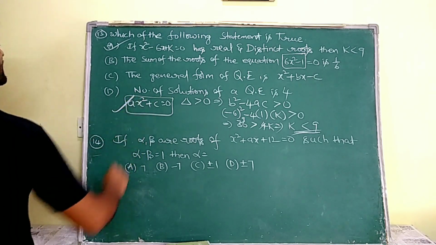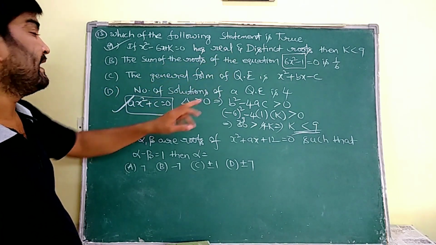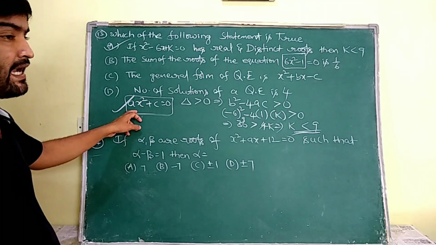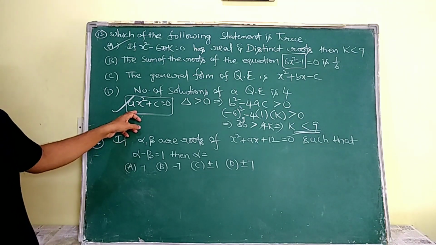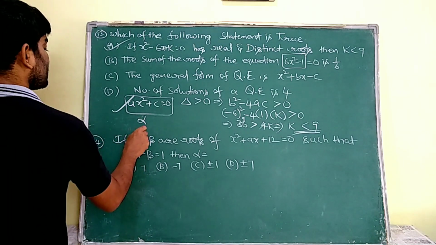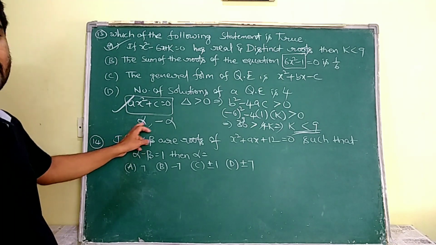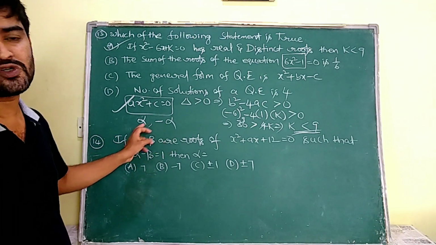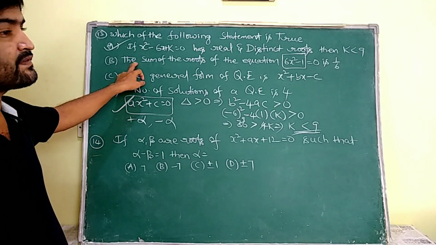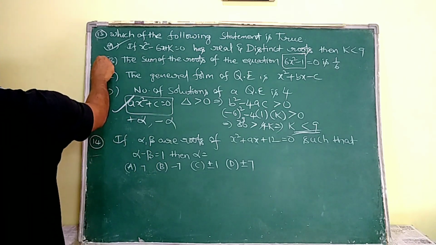Its roots are equal in number and differ by sign. Let us suppose one of the roots is alpha, then definitely the other root is going to be minus alpha. Why? Because its roots are the same in number and differ by sign, plus alpha and minus alpha. So its sum of the zeros is 0. But here he gave 1 by 6, so this statement is wrong.